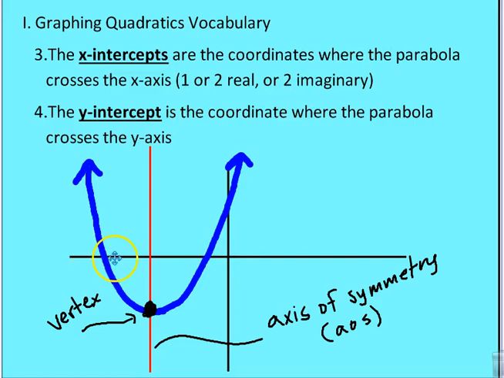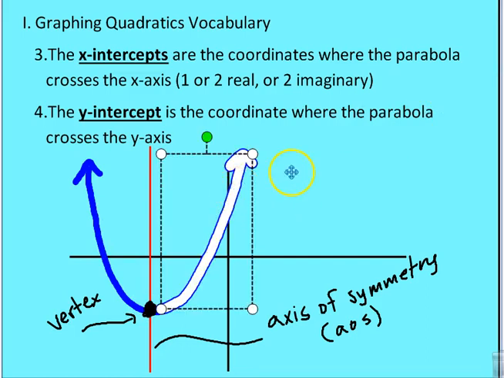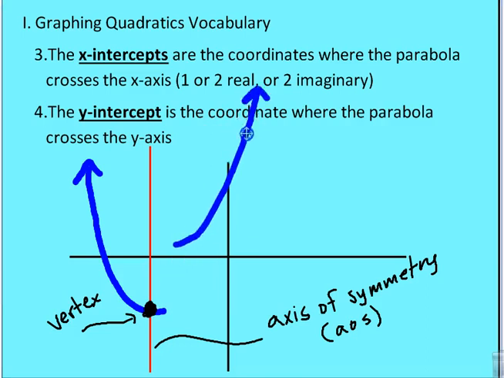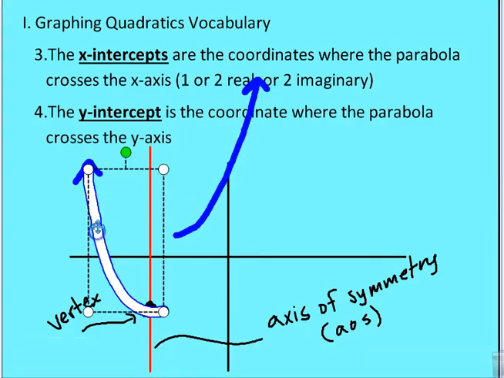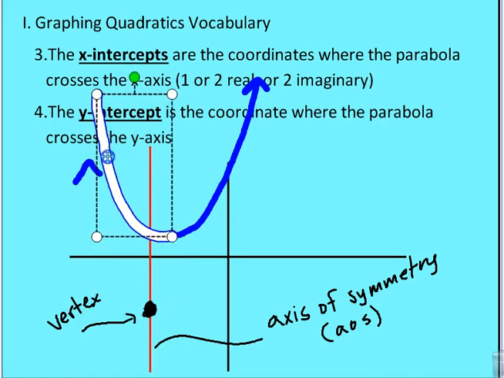All right, so x-intercepts are the coordinates where the parabola crosses the x-axis. I can have two real solutions, or two real values where the graph crosses the x-axis. I can take the parabola and move it up so that it never touches the x-axis, in which case I have two imaginary solutions.